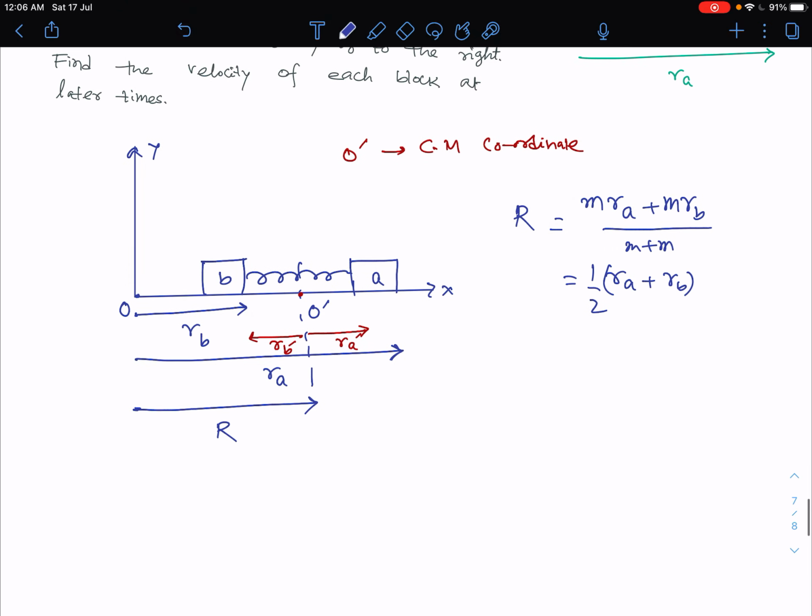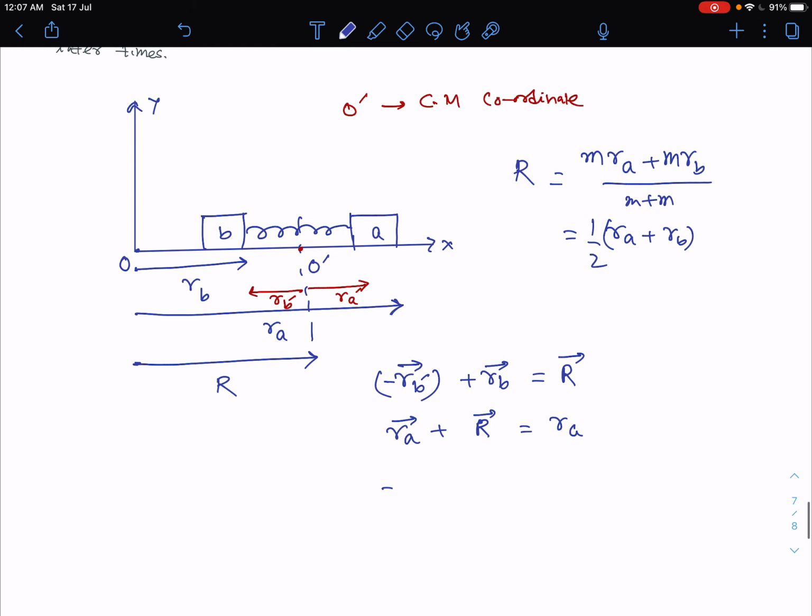It is clear that RB prime is directed along the negative direction and RA prime along the positive direction, so we have minus RB prime. Let's take a vector notation here. It is minus RB prime plus RB is just capital R. Similarly, RA prime plus R equals RA. Fine.